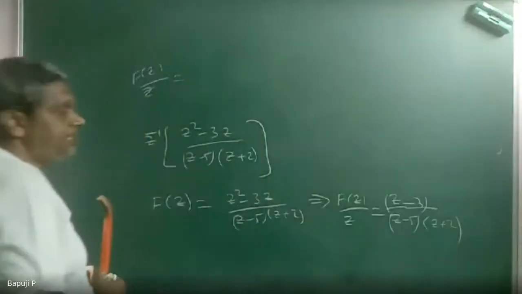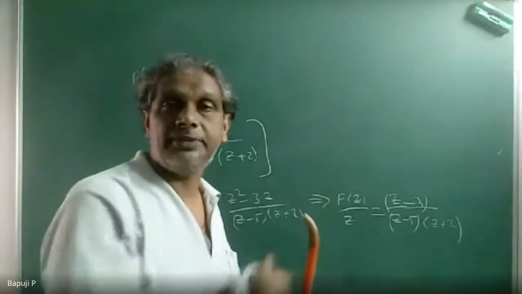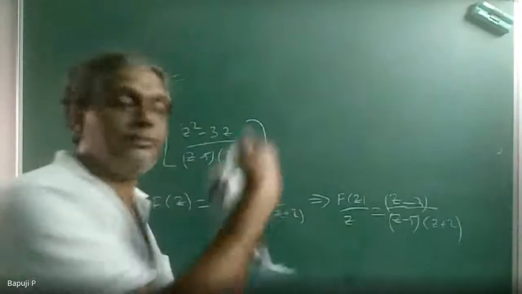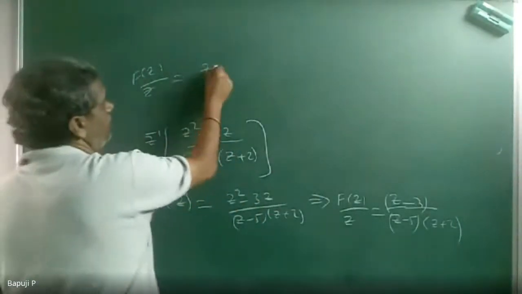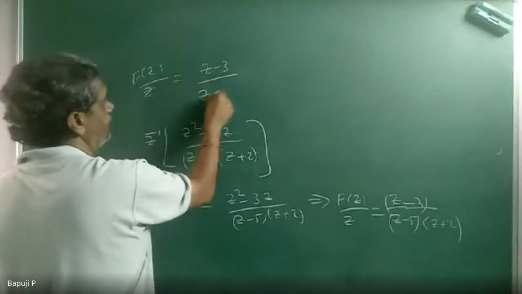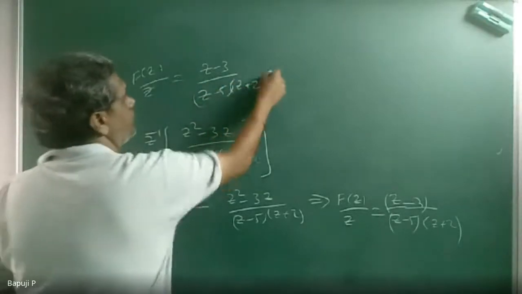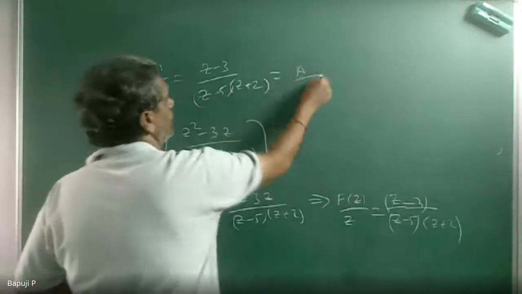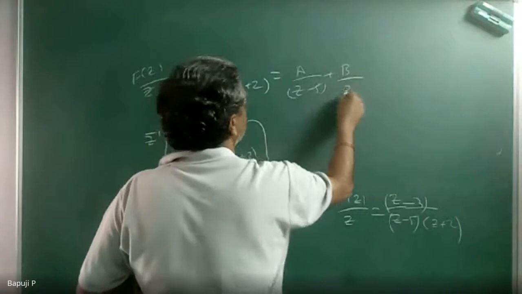So only if the degrees are the same do I have to divide. Here I cannot divide, so I prepare F of z by z, because there is a formula, that's why I'm preparing. So this whole fellow I will prepare as z minus 3 by, this, how can I write? A by z minus 5 plus B by z plus 2.